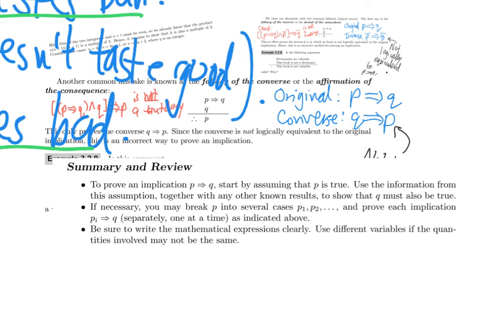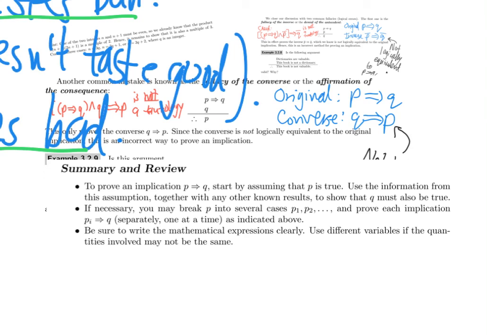So, proving an implication, if P then Q: you start by assuming P is true. We're going to do that a lot throughout this semester. Using the information from assuming P is true, work with definitions and other known results to show that Q must also be true.